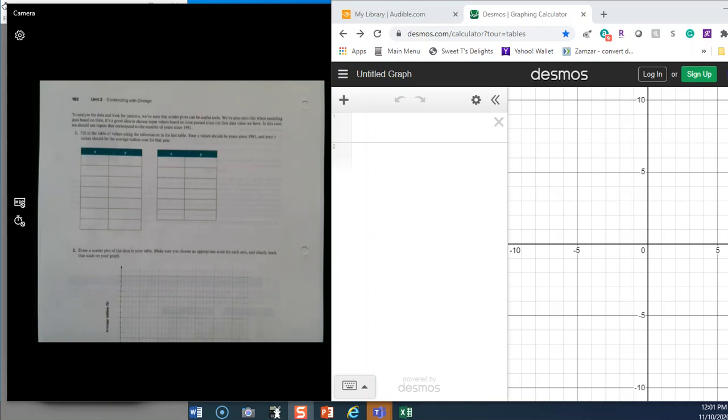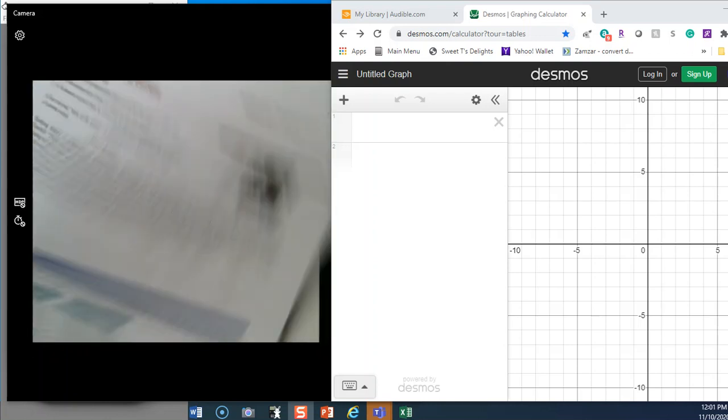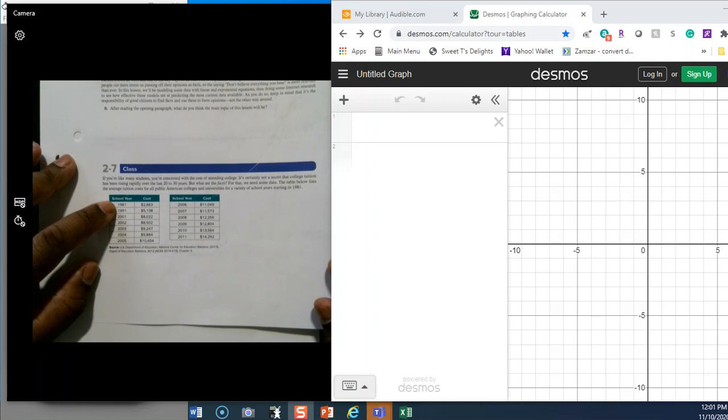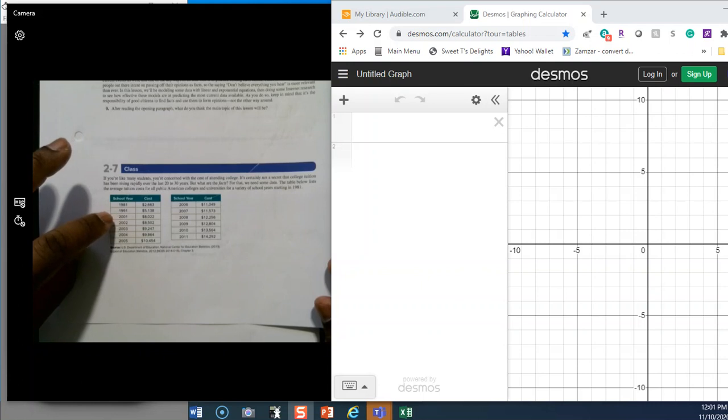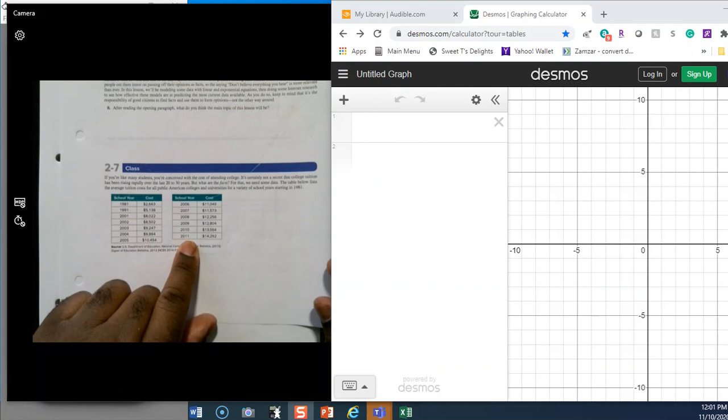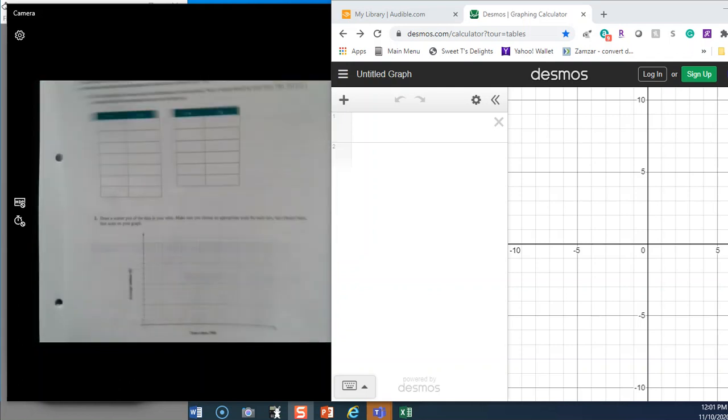So, what I'm going to do, and you can pause this and look at this here, but if you notice, 81 would be our 0, and then 1991 would be 10, and then 2001 would be 20, and then this would be 21 all the way up to 30. So I'm going to mark that.